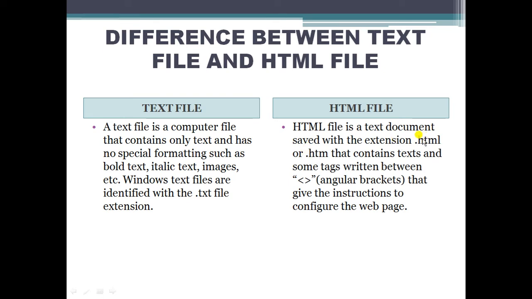Fine. And here I would like to tell you that all the tags we write or whatever data we write on the screen of Notepad, that comes in between these angular brackets. Okay, everything you have to mention within these angular brackets. This is the basic rule for HTML file.